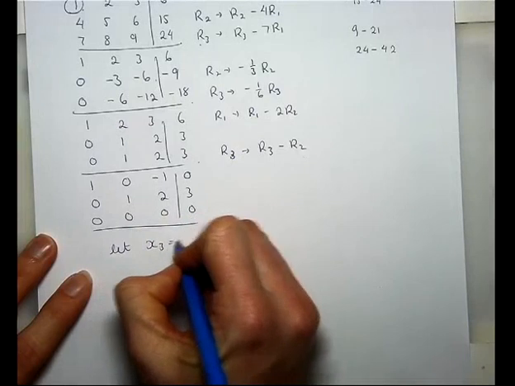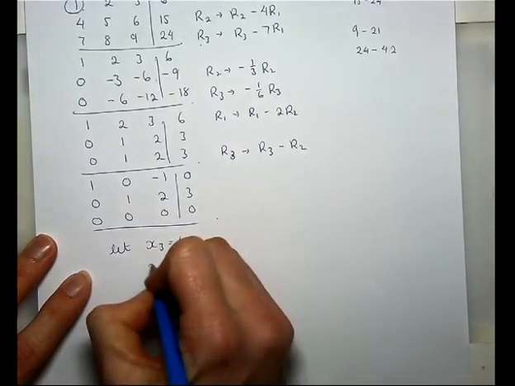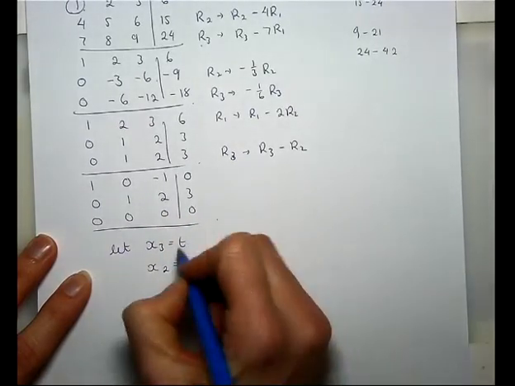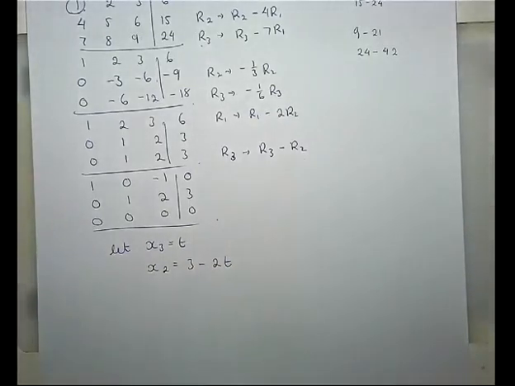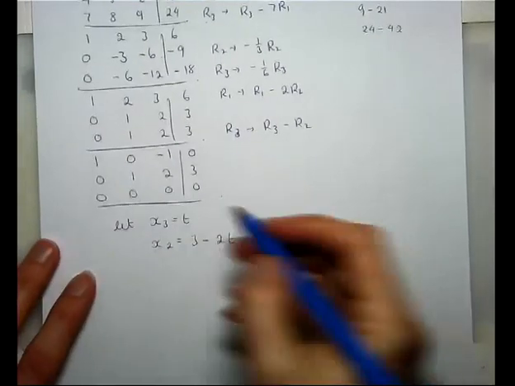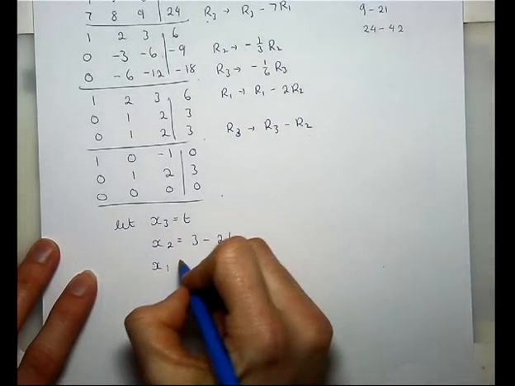Let x3 equal t. x2 equals 3 minus 2t. Does anyone not see how I got that? Speak now, because we're going to use this heaps. Everyone's happy? If you're not happy but you don't want to put your hand up, make sure you come see me in the break or something.